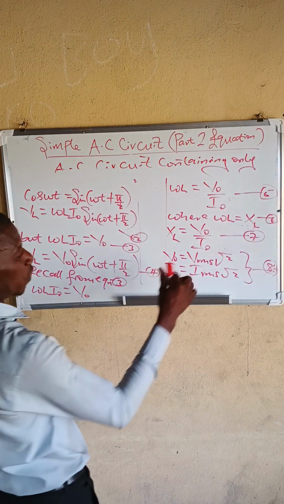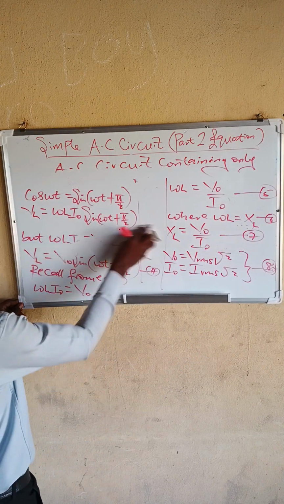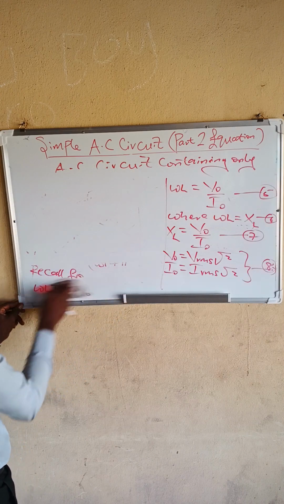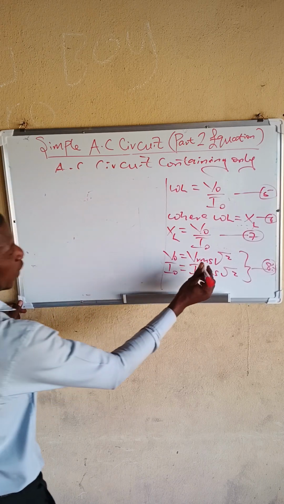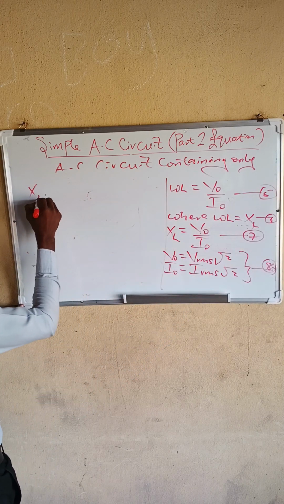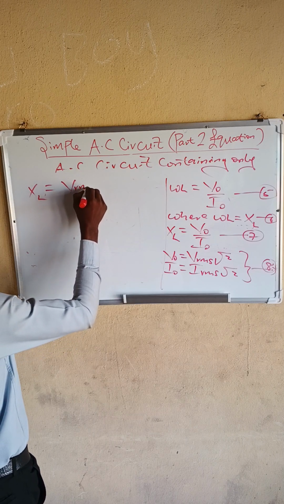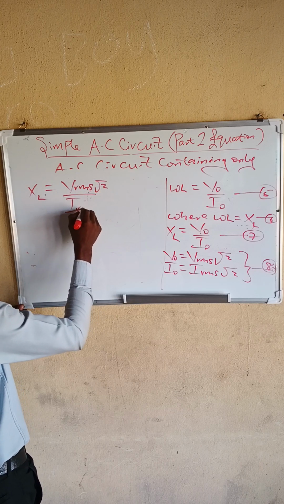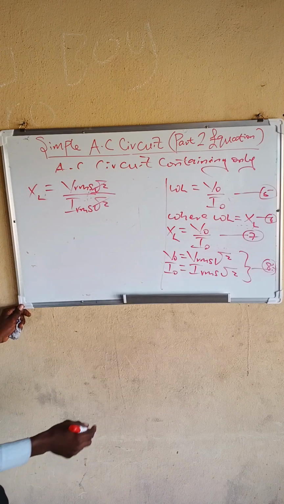Then I'm going to substitute this equation 8 into equation 7. If I do that, I will generate another equation, which is in this form. Then when I substitute this into this, I will have voltage root mean square times root 2 over current root mean square times root 2. You know, root 2 will cancel root 2.